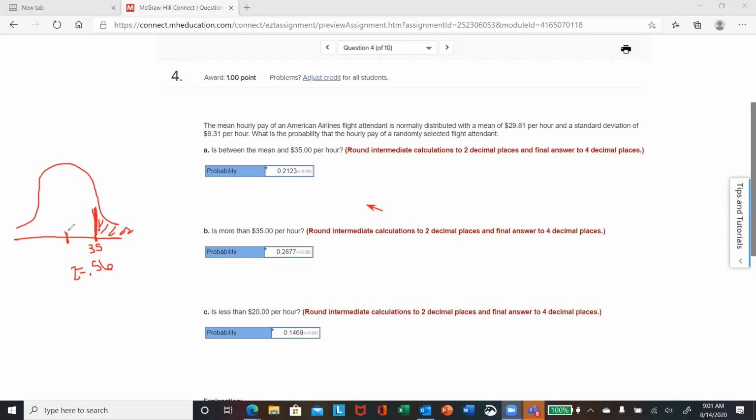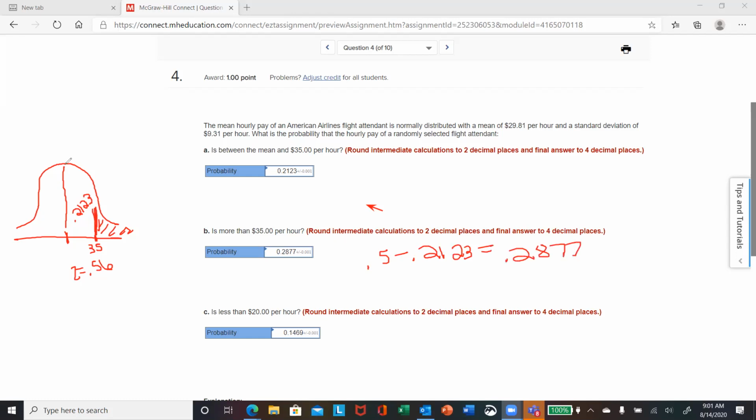And from part A, we figured out that that area was 0.2123. So if I went to the right, all I have to do is take 0.5 minus 0.2123. And of course, that's going to give you your 0.2877.